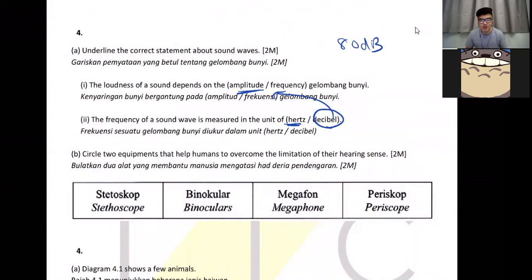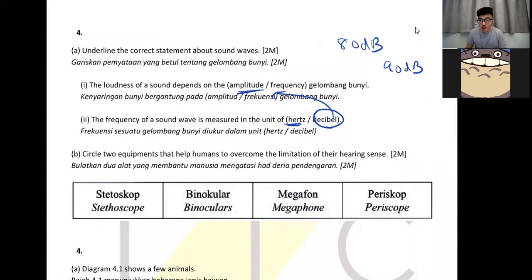For example, a vacuum cleaner is like 90. That's why a vacuum cleaner makes your ear hurt. It's not comfortable, because it's really loud. All right. 80 is like a pasar. You go to a wet market or a restaurant, that is 80 decibel. It is at the limit already, where our ears start to get a bit uncomfortable.